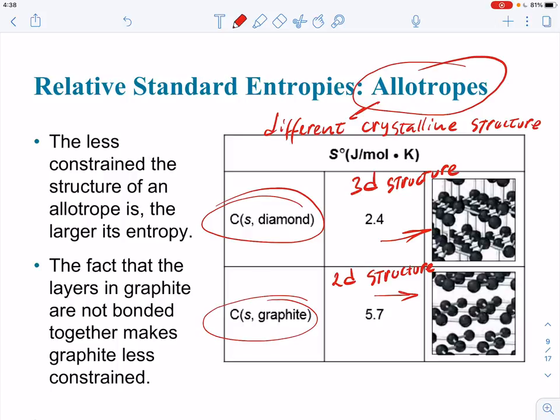If you can move them relative to each other, then you are adding microstates in which you can dissipate energy. That doesn't happen in the crystalline structure for diamond. That network will not move anywhere. Those atoms will be fixed in place without any possibility to move. So that's why the entropy for graphite is larger, because you can add more microstates to that crystalline structure. Okay, so that goes for allotropes.